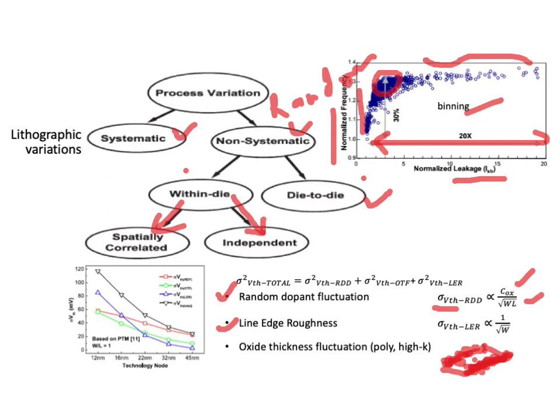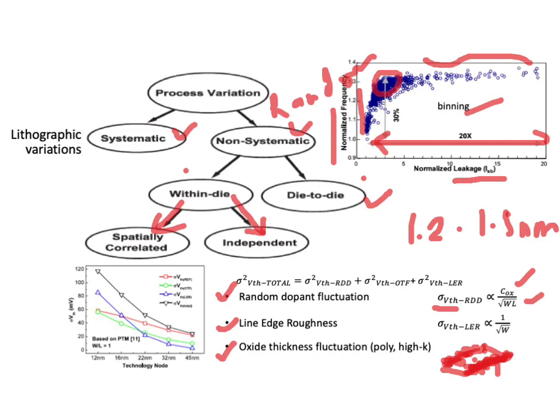And the third dimension of random independent variability is the thickness of the oxide. That is the oxide between the gate, sometimes called the dielectric, and the channel. And in modern process technologies, we are down to 1.2 to 1.5 nanometer oxide thickness.